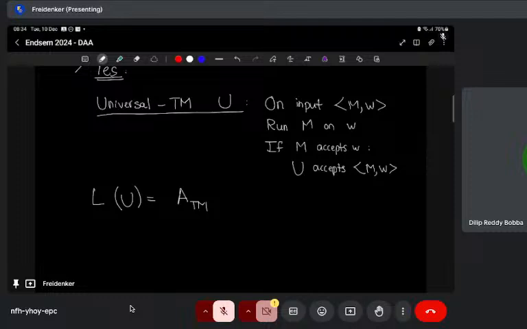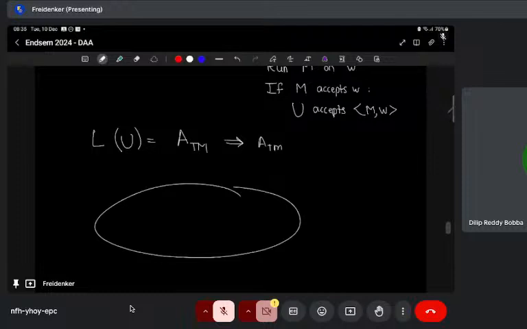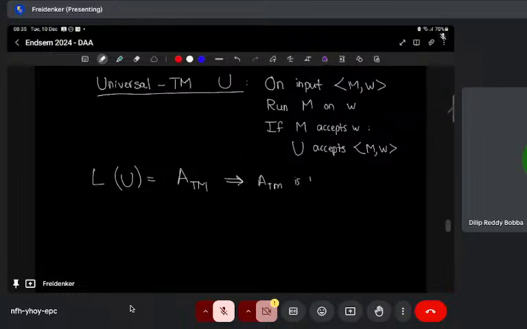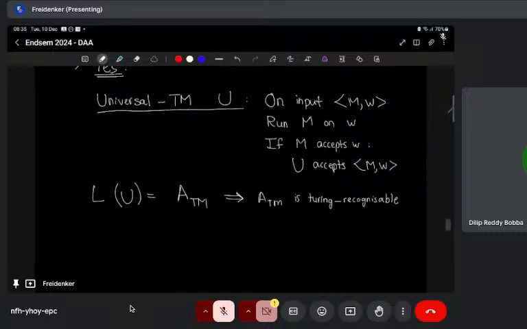So this would make ATM Turing recognizable. If we show that U is decidable, then we can also say that ATM is Turing decidable. Turing recognizable is a larger set, and Turing decidable is a much smaller, more special set. So in general, we can say ATM is Turing recognizable because there exists a Turing machine that accepts M comma w's, tuples of this form.